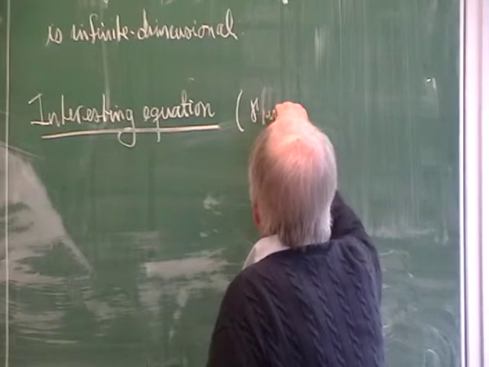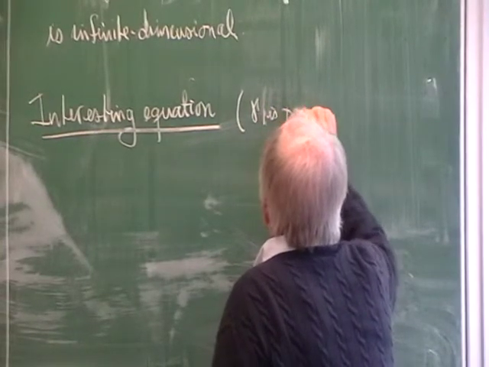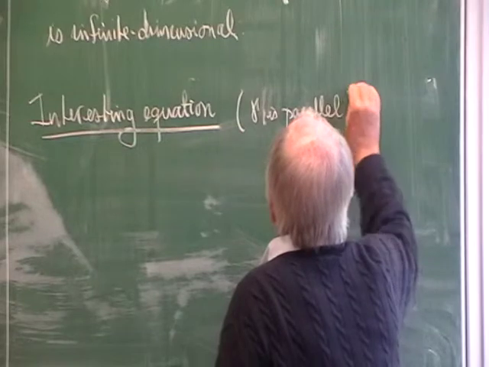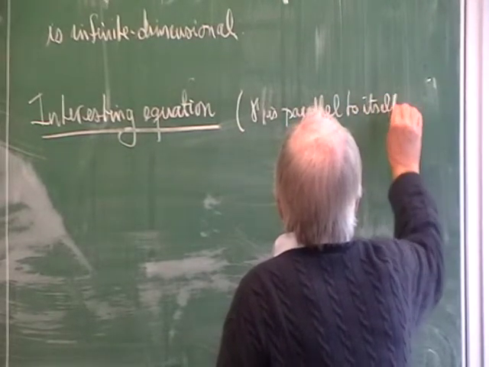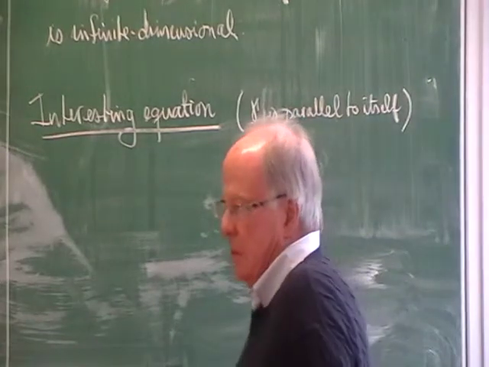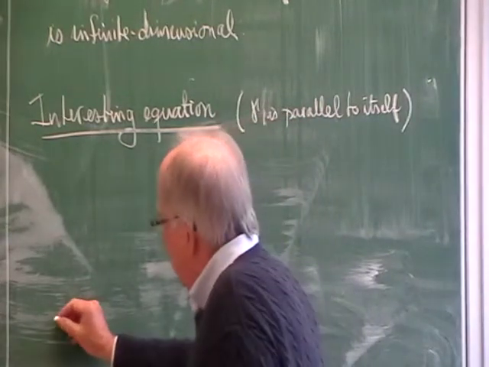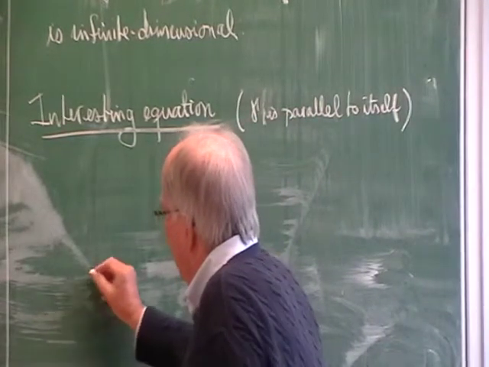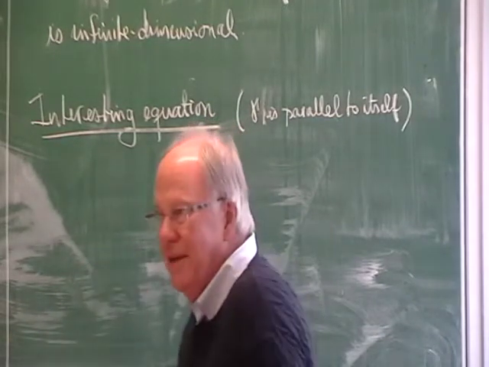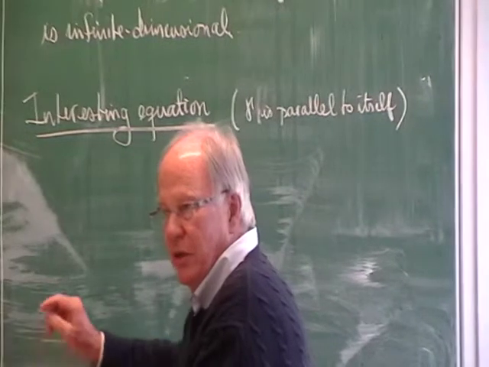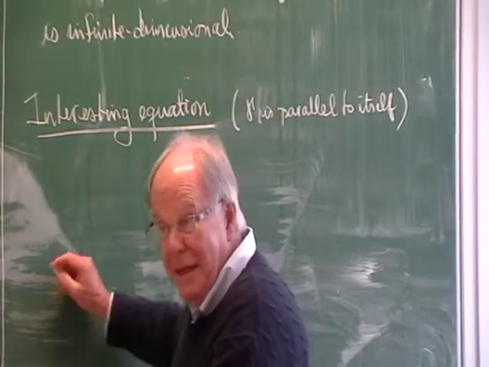Gamma is parallel to itself. Yes? That means that if you move along gamma, the field of gamma doesn't change. Parallel transport. This means it's straight.